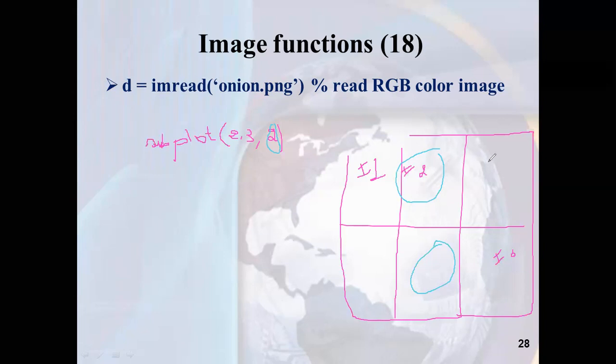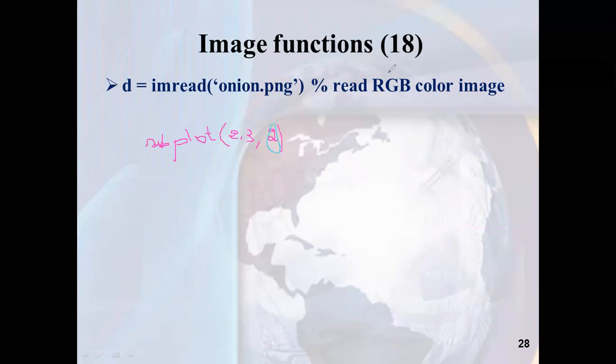In this case, I can show 6 images in the same plot. So this is subplot 1, this is subplot 2, subplot 3, 4, 5, and 6. So just to be clear about subplot. Okay.